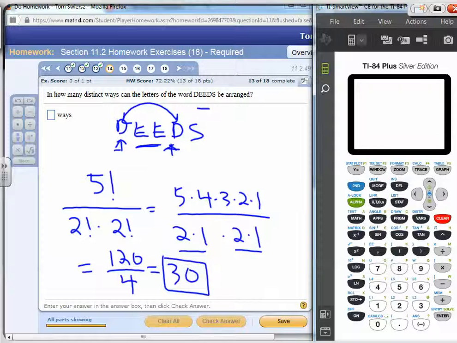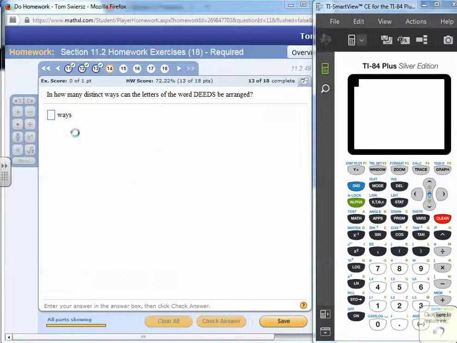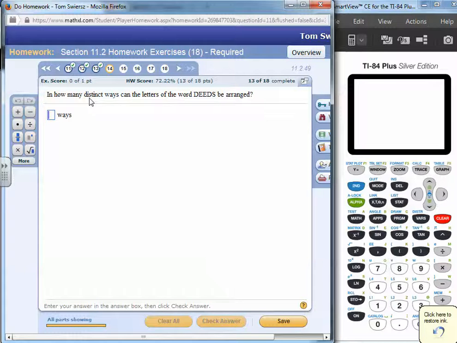Again, the formula is you count the total number, that's the factorial in the numerator, and then you count the duplicates. 2 E's, 2 factorial, and 2 D's, so divide by a 2 factorial again. So there's the formula, and in this case, if we do all that, we get 30.